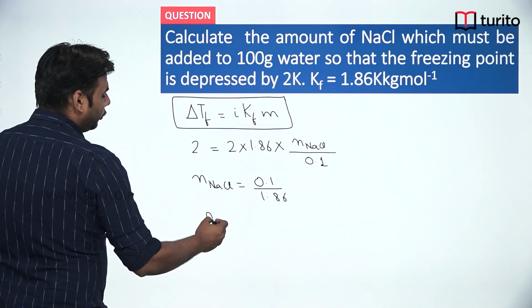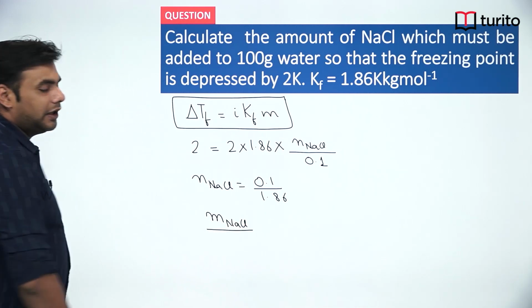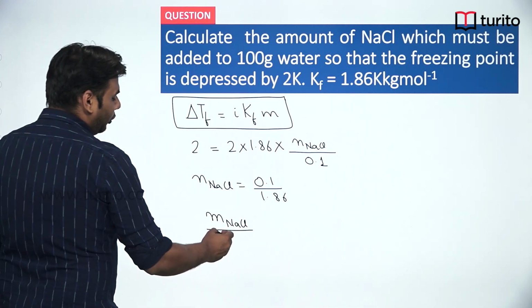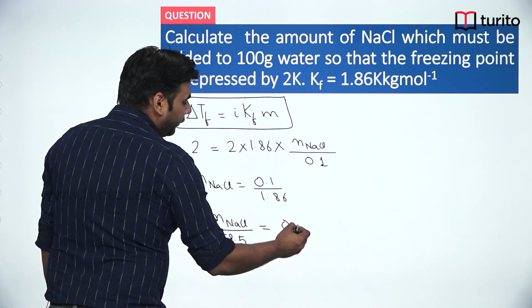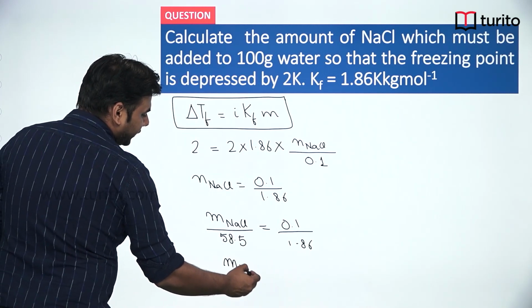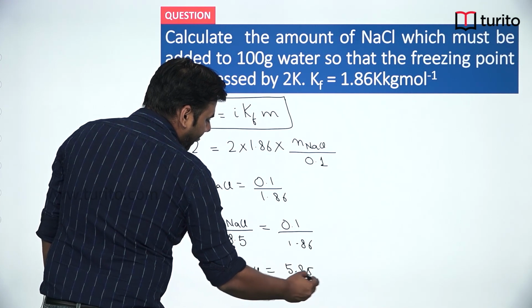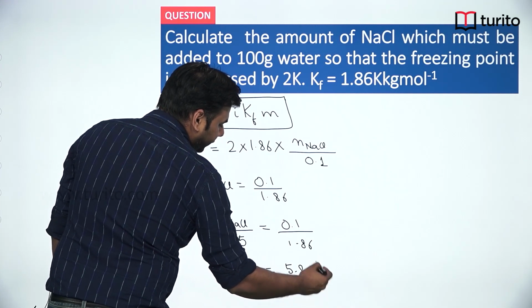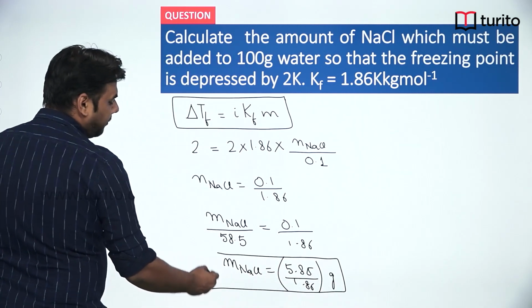Number of moles of NaCl would be mass of NaCl divided by molar mass of NaCl. Molar mass of NaCl we know is 58.5. This would be equal to 0.1 upon 1.86. So mass of NaCl in this case would be 5.85 upon 1.86 grams.